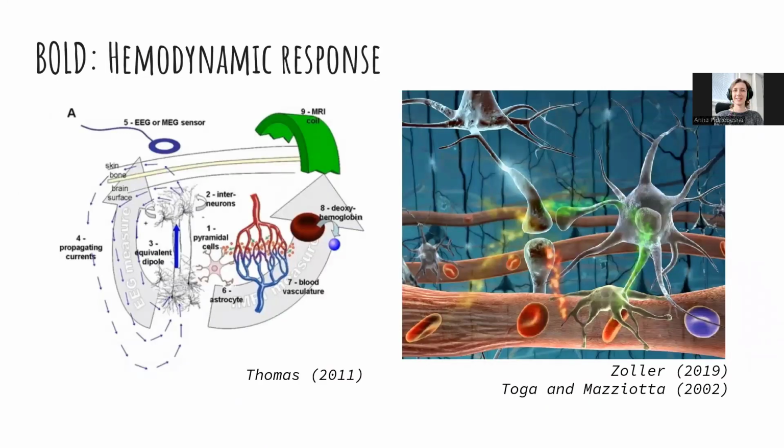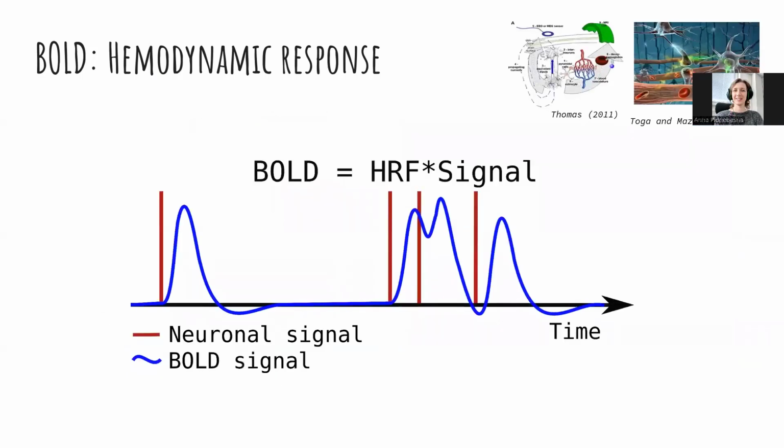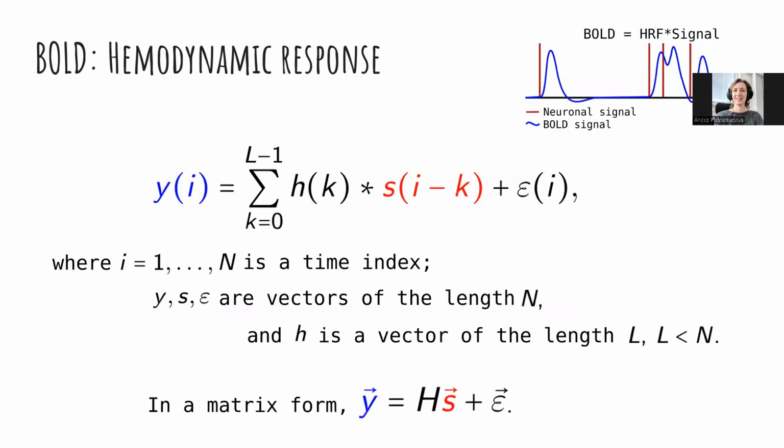Instead of the neuronal activity directly, the fMRI BOLD measures the change in blood flow driven by the metabolic demands of neurons. We can model the BOLD signal by convolution of the hemodynamic response function with a neuronal signal. Here, the red lines are neuronal activations, the blue one is the modeled BOLD signal generated from it. In mathematical terms, the measured signal Y can be modeled as a convolution of neuronal signal S with the kernel H with some noise added.